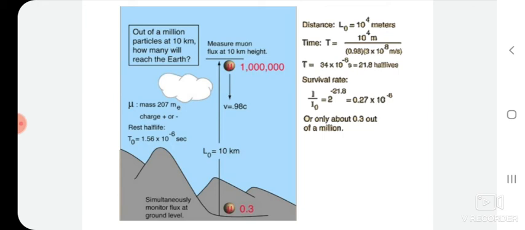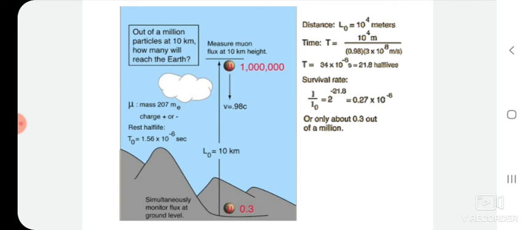Then you will get t is equal to 34 into 10 to the power of minus 6 second, which is equal to 21.8 half life times, because we know the half life of a muon is 1.56 into 10 to the power of minus 6 second.